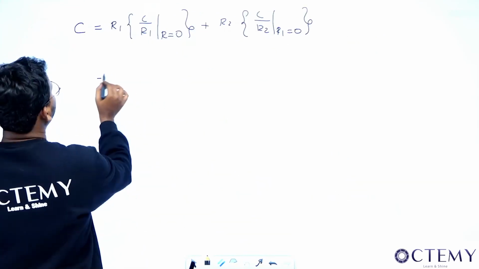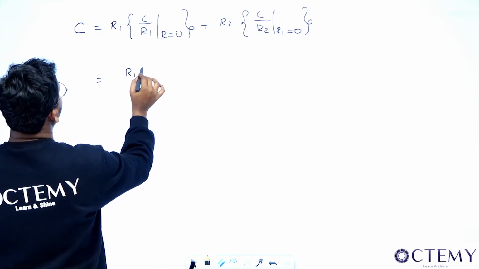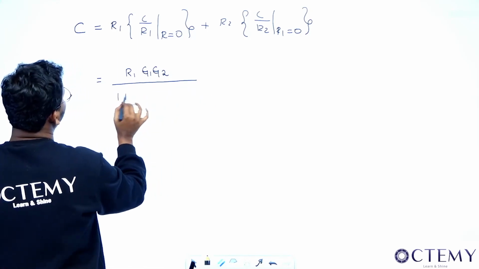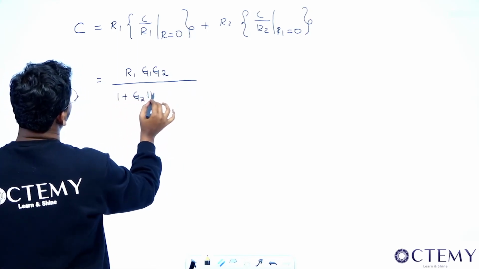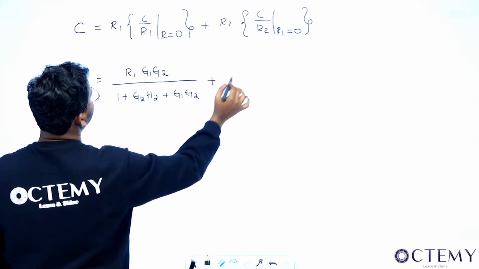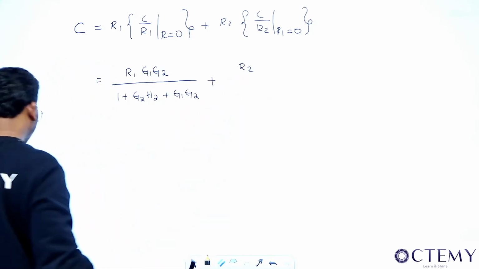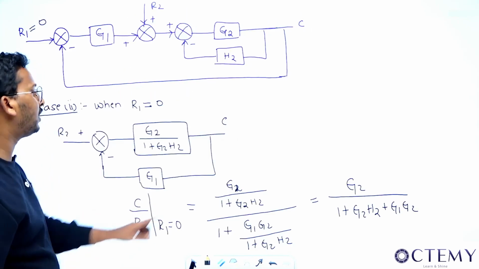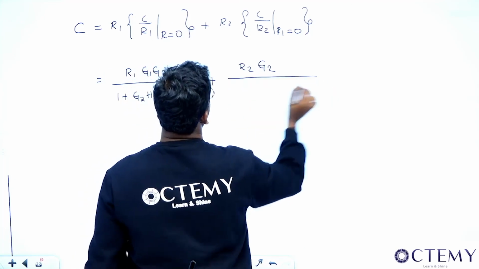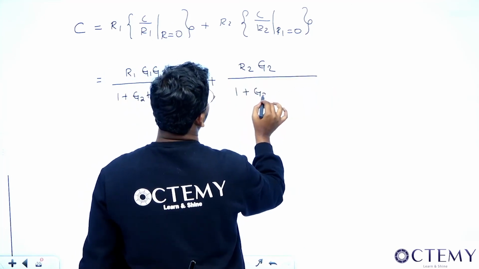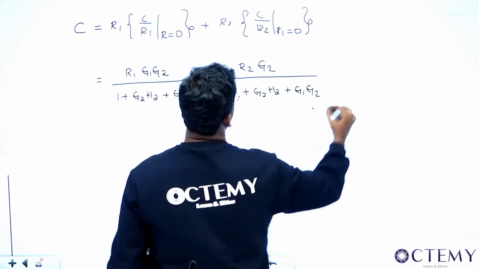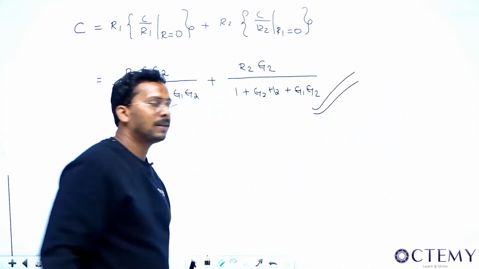So this will become R1 into G1 G2 divided by 1 plus G2H2 plus G1 G2, plus R2 into, what did you get? C by R2, G2 by the same thing. So this will be G2 by 1 plus G2H2 plus G1 G2. This will be the correct answer.